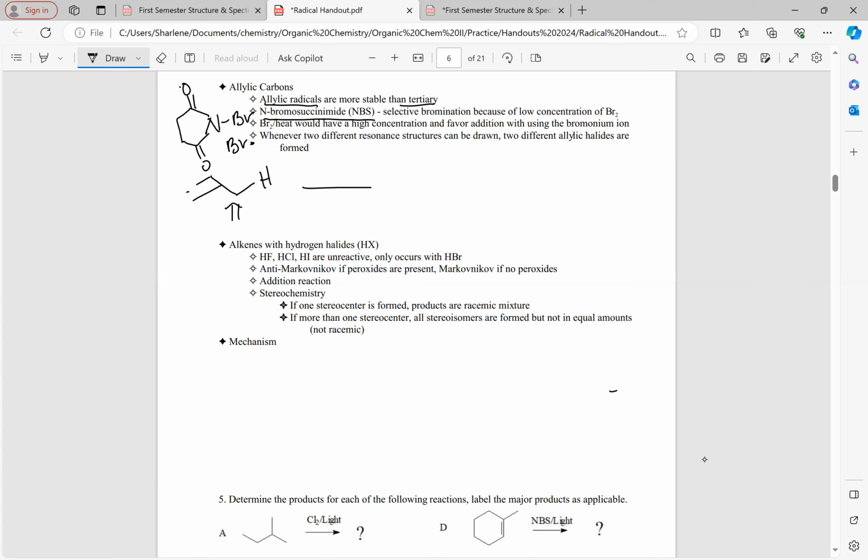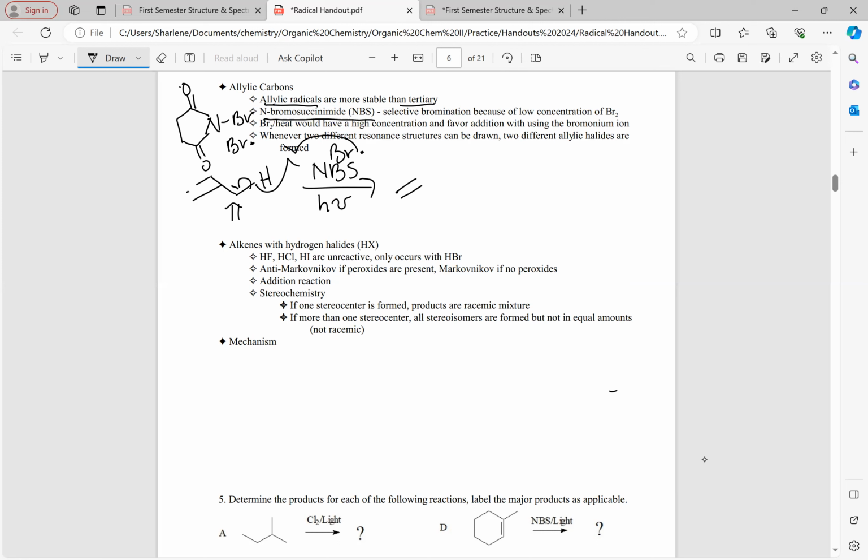And so if I take NBS and some kind of light or heat, I'm ending up with a bromine radical, and it will go after the most stable location. So the hydrogen, when it comes off, that leaves the most stable radical, and it happens to be the allylic hydrogen.